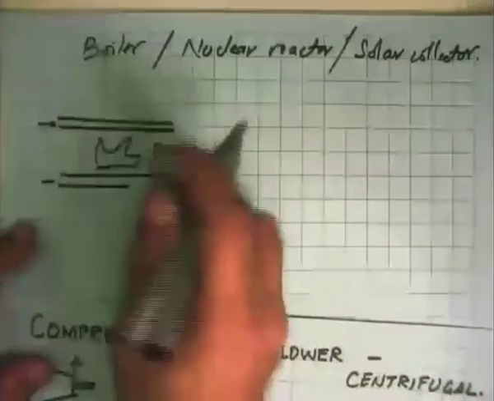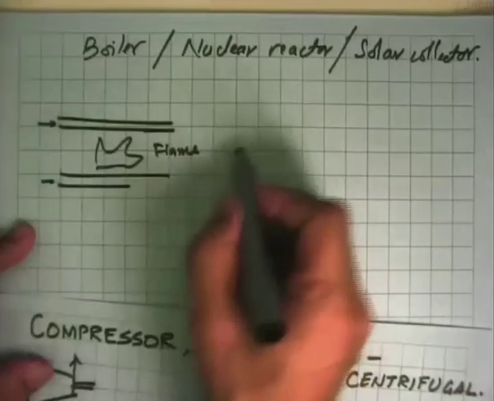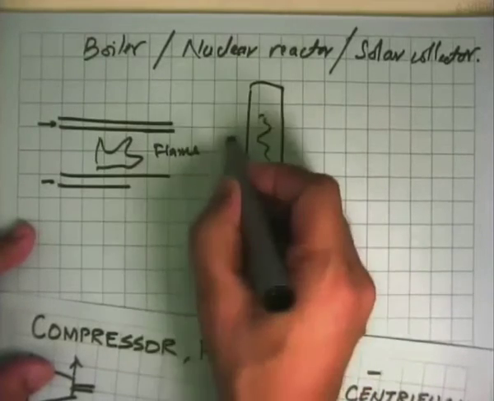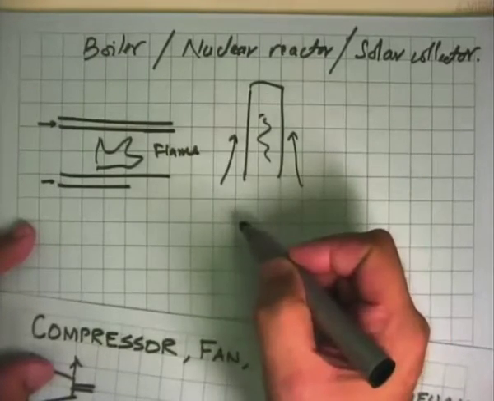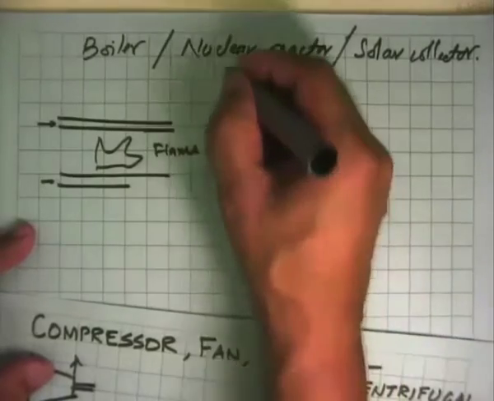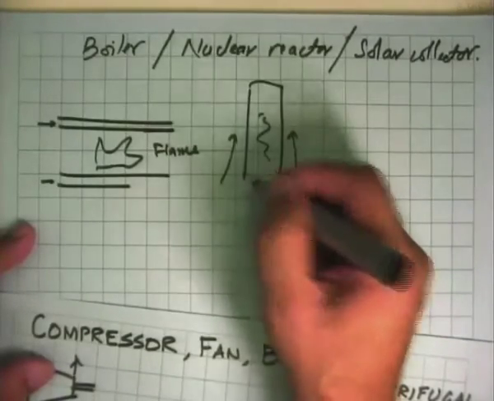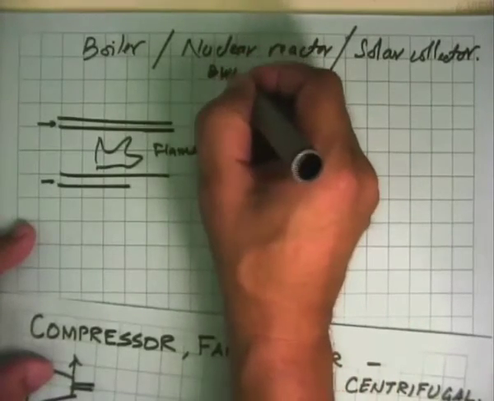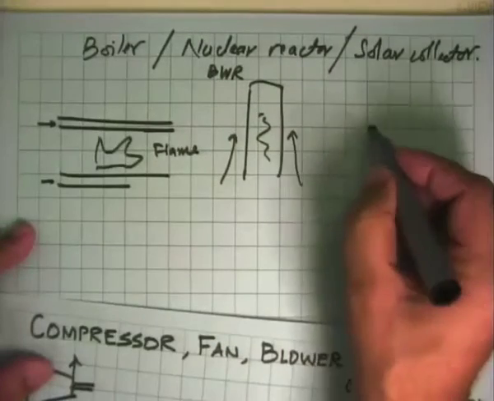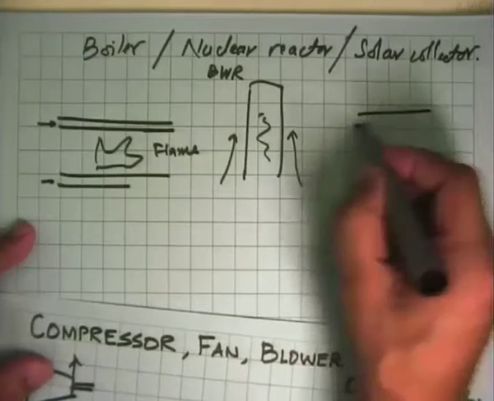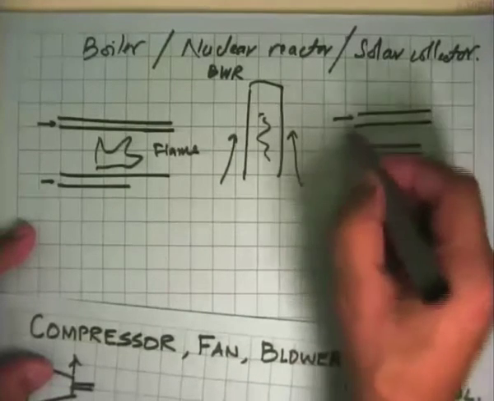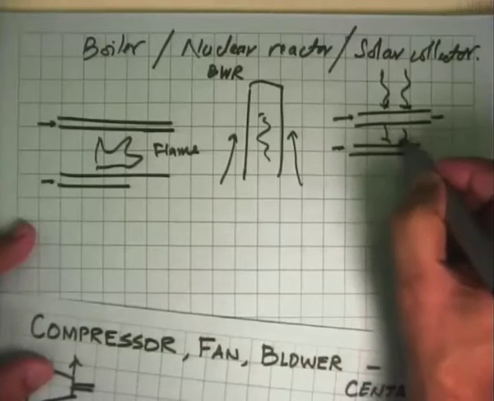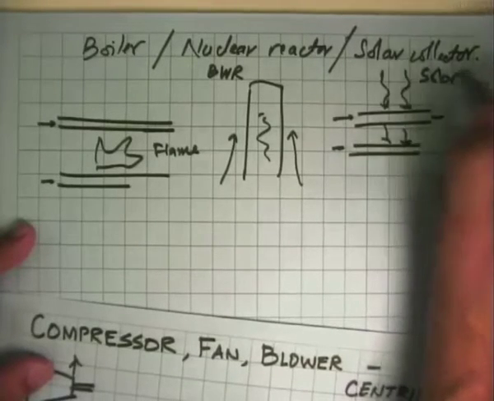In the nuclear reactor, the heating takes place because you have a fuel rod in which heat is being generated, and outside this the coolant is going out, and this coolant gets hot and comes out. This could also result in phase change if it is a boiling water reactor, a BWR. And a solar collector, you could have a bunch of tubes in which this fluid is flowing, and they are just getting heated from the outside by solar radiation.